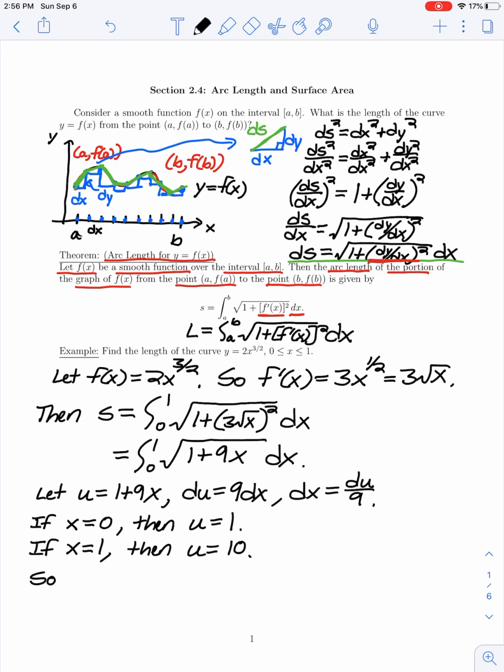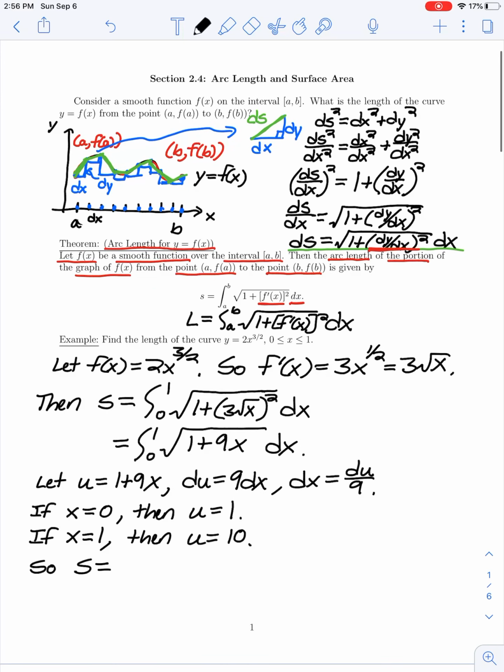So rewriting our integral for arc length in terms of u, we now have the integral from 1 to 10 of the square root of u, and then our dx term on the end we said is equal to du divided by 9, so that factor of 1/9 I'm going to bring out in front of my integral.